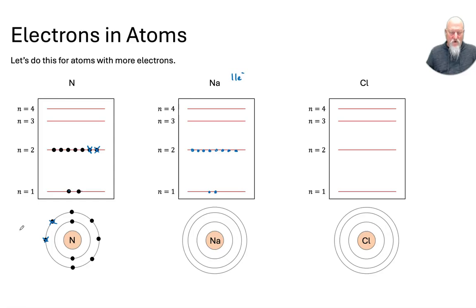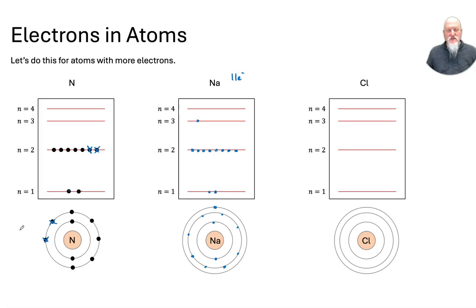That means we have 1 that has to go in the n equals 3 level. So if we're putting them in here, there's 1, 2, and then we put 8 here, 2, 3, 4, 5, 6, 7, 8, and then 1 out here.